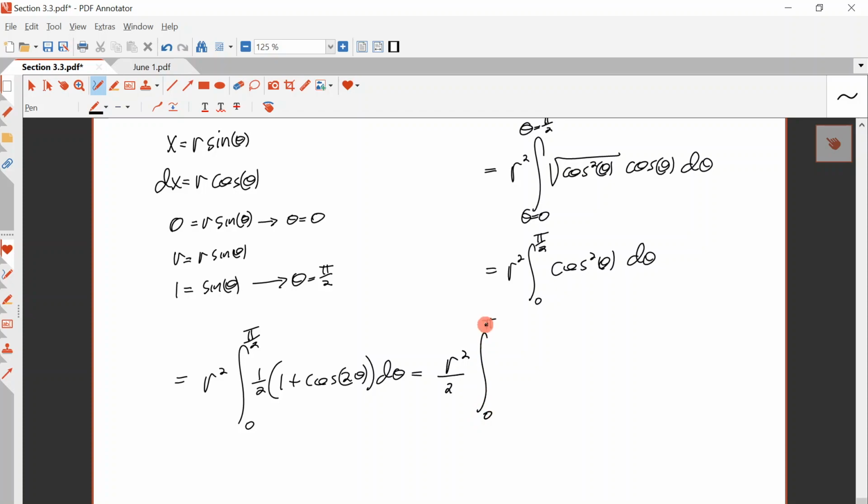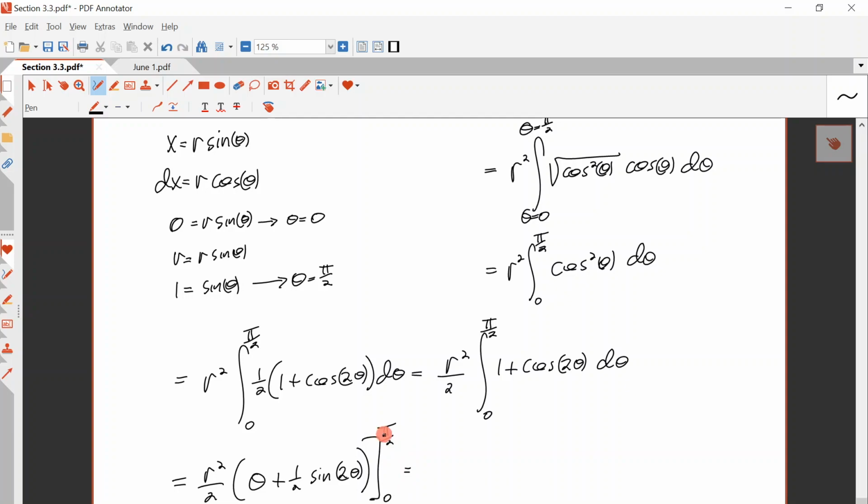Integral from 0 to pi over 2 of 1 plus cosine 2 theta d theta. The antiderivative of the 1 is theta, plus the antiderivative of cosine 2 theta, 1/2 sine 2 theta, from 0 to pi over 2.